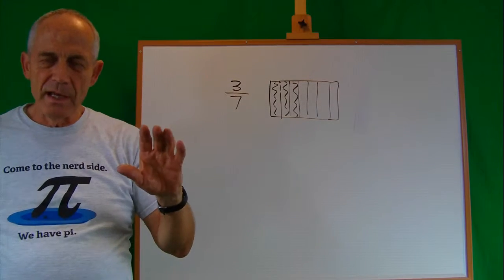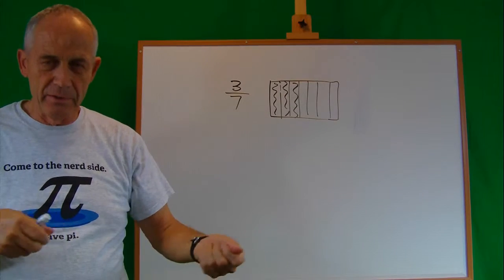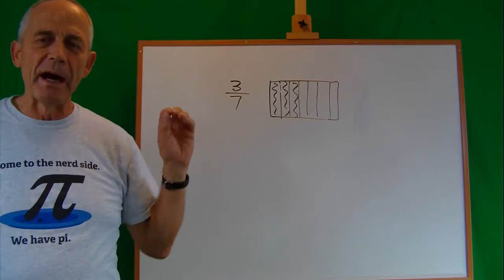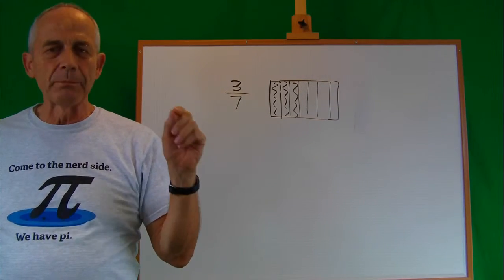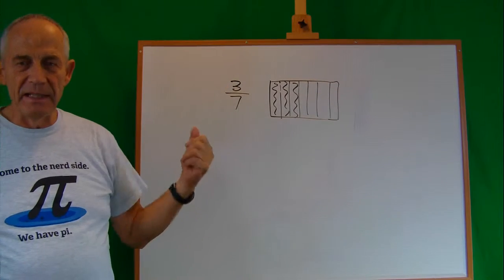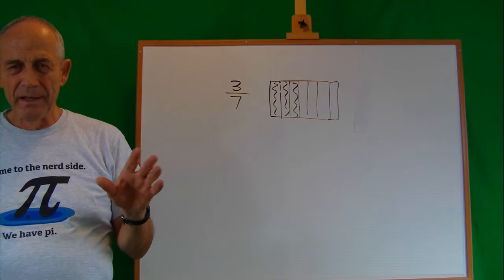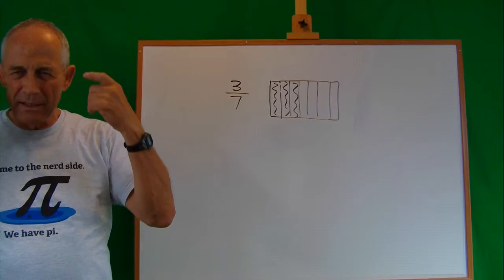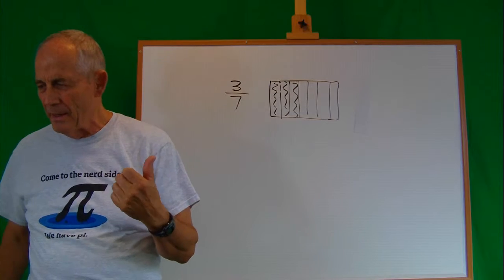In other words, I have in my whole, and I'm not talking about digging with a shovel, I'm talking about W-H-O-L-E, 7 equal parts. And in this case, I'm dealing with 3 out of those 7. When you say 3/7, that's kind of what you're saying, but it's kind of hard to get the image in your mind unless you think about it that way.